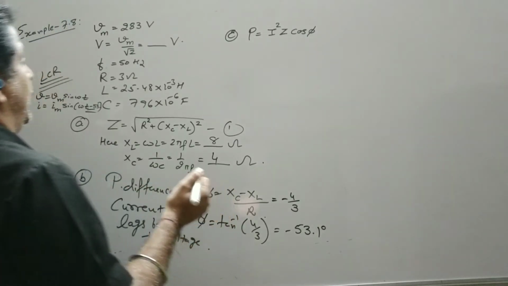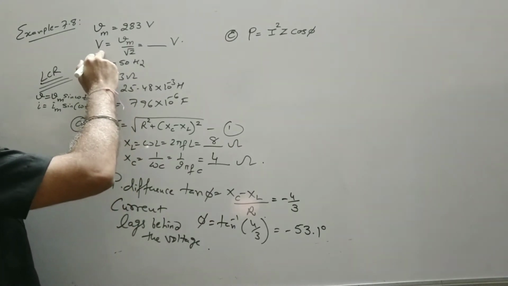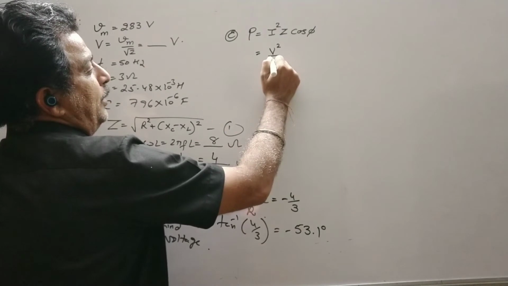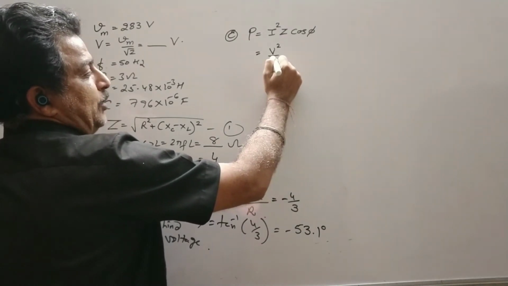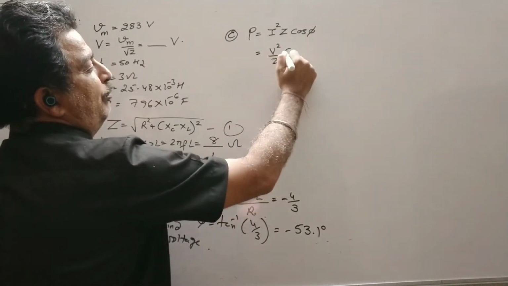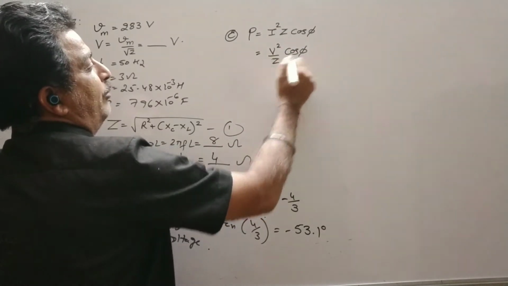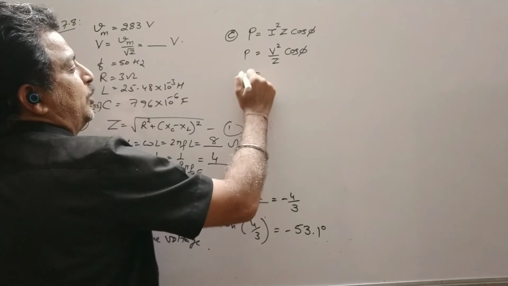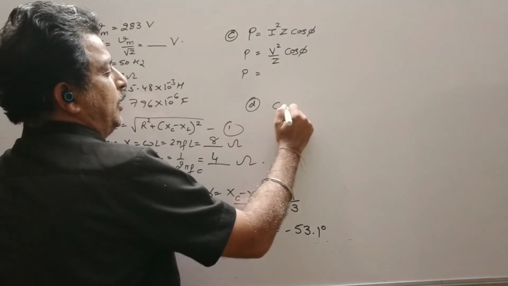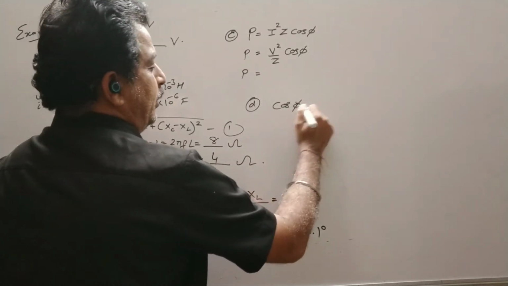Now we have V here, so this can also be written as V square upon Z square, that is Ohm's law. Then one Z is cancelled. So P is also equal to V square upon Z cos of phi. So you substitute this value. Before this, in the D portion, they have said find out the power factor.